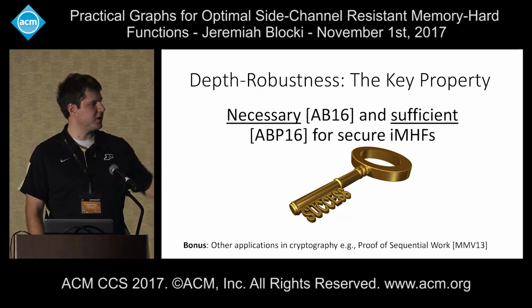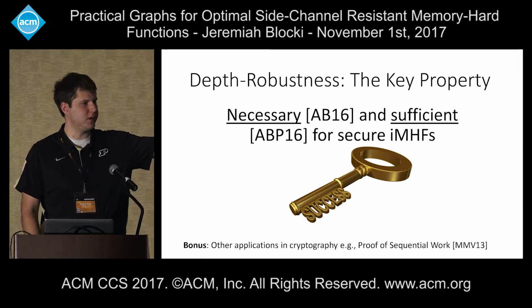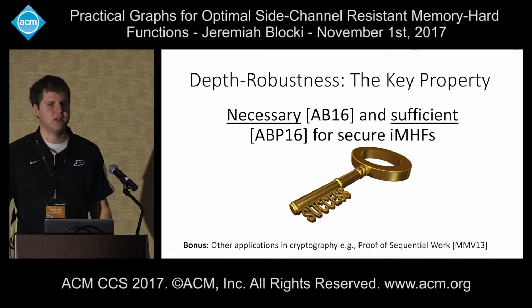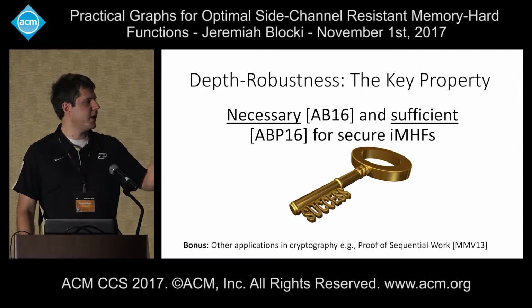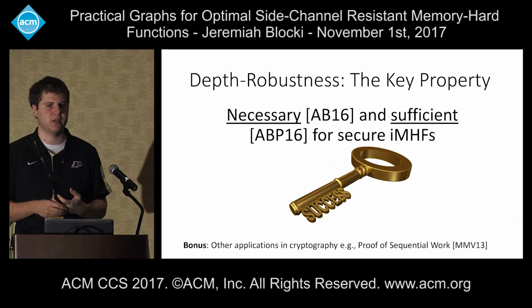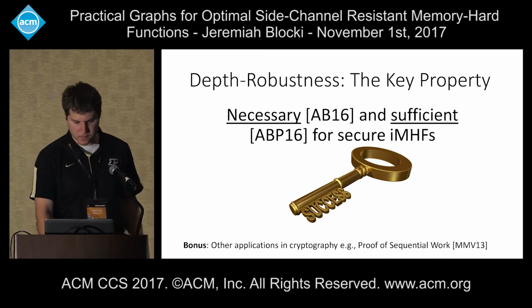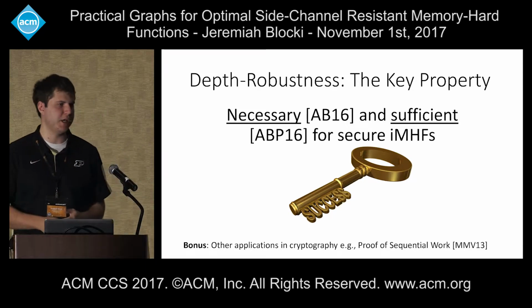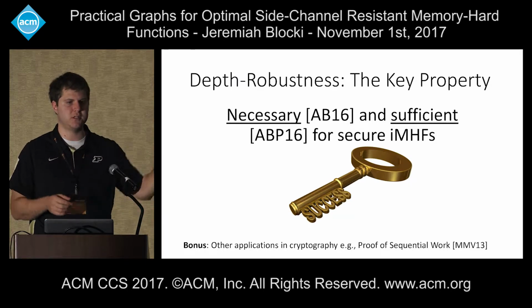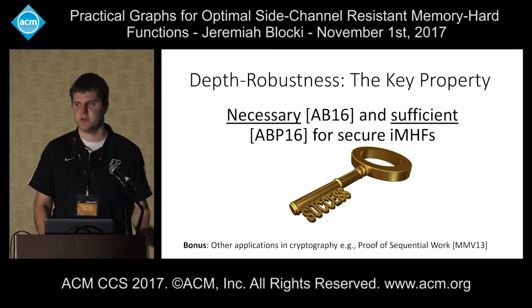So there's a collection of papers at Crypto 2016 and Eurocrypt 2017, showing that depth-robust graphs are both necessary and sufficient to construct a secure data-independent memory hard function. And there are other applications to depth-robust graphs like proofs of sequential work, but I'm going to focus on memory hard functions for this talk.